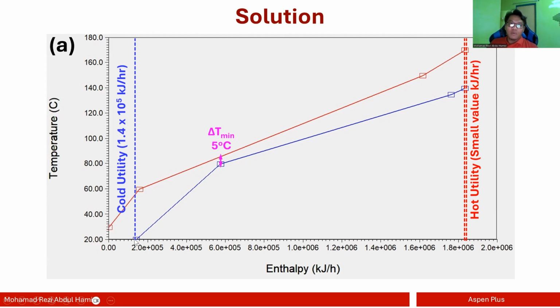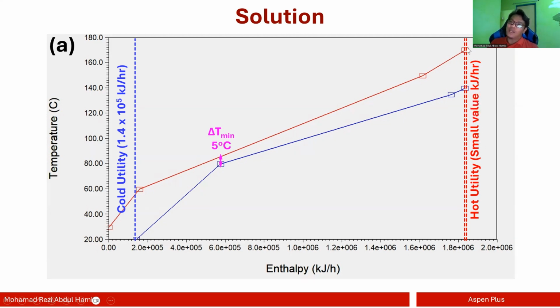From the blue line all the way to the red line, it is recoverable energy that we can recover by exchanging heat between the hot stream and the cold stream. And lastly, for hot utility, this is lined up perfectly, so there is no hot utility requirement.